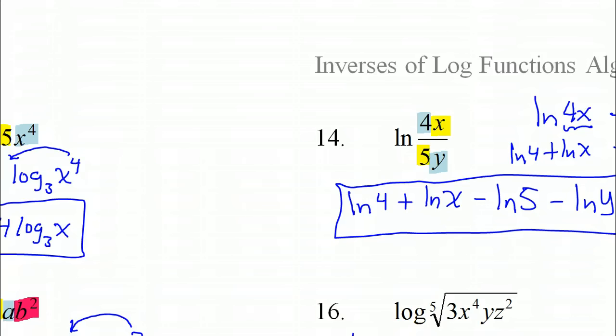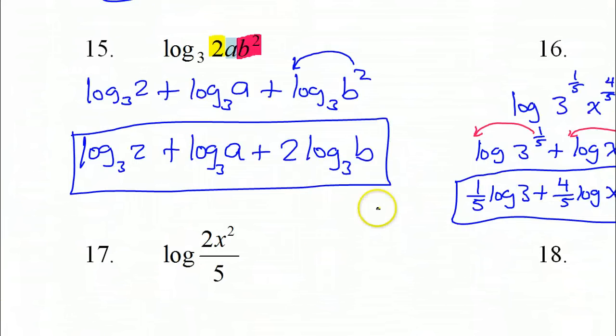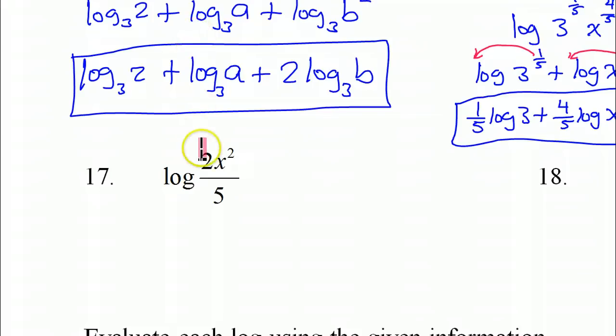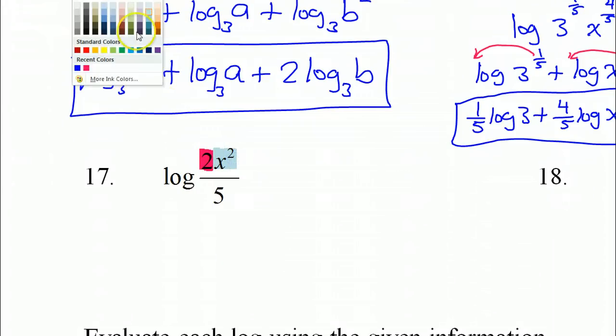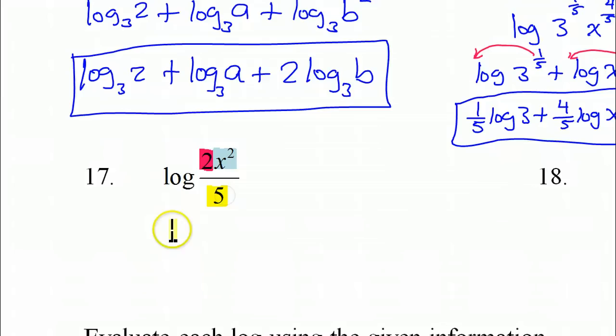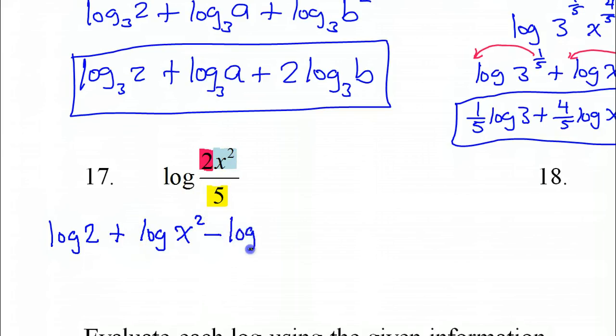All right, so I'm seeing 1, 2, 3 things. 2 positive and 1 negative. So I will simply have the log of 2, that's positive, it came from the numerator, plus log x squared, that's positive, it came from the numerator, minus log 5, that's negative because it came from the denominator.